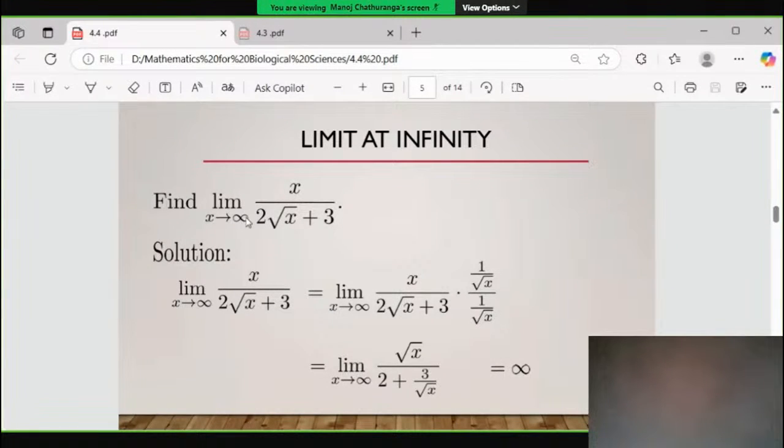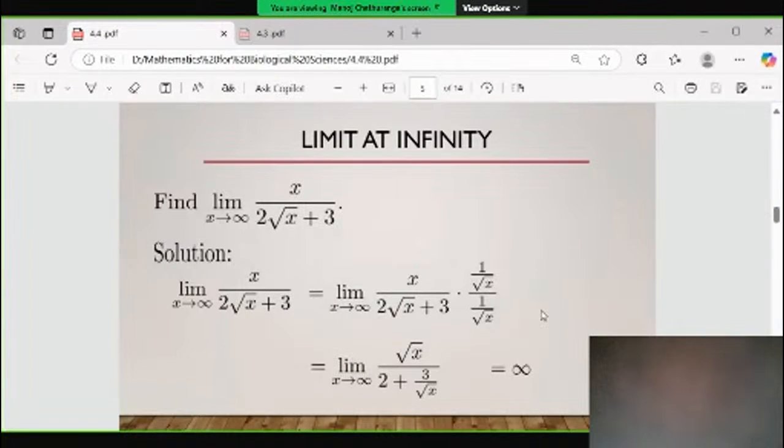As x goes to infinity, both terms go to 0, and we are dividing by 0. So we have a problem here. So instead of dividing by x, you could divide both numerator and denominator by square root of x. That is what I have done in this computation.